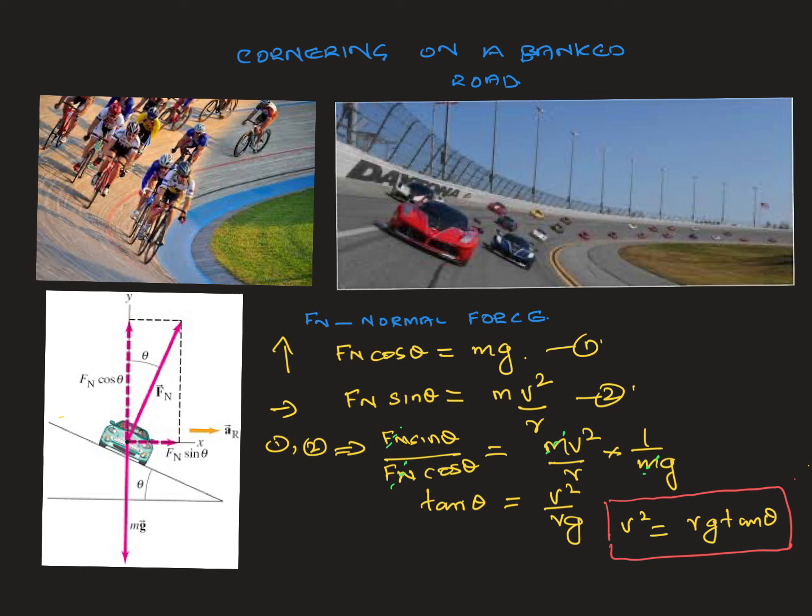What should be the angle? If the radius is say 200 meters, all that you need to do is put the speed here, and you've got the radius, and you've got the gravitational acceleration, and you can find the angle. So you find the angle and you tell the council, well, if you want to achieve that speed, this is the angle for the banked road.